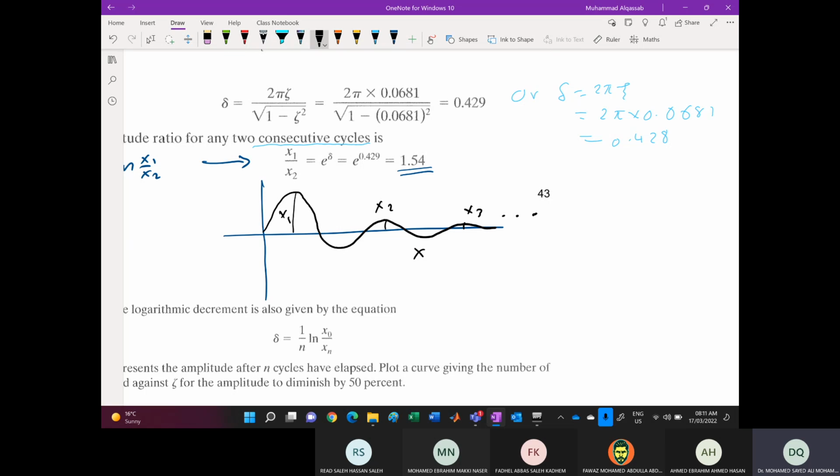So x1 over x2 is equal to x2 over x3. So the ratio of any two amplitudes of consecutive cycles is the same. This value is constant, and this is the characteristic of the underdamped case, that the ratio is constant.